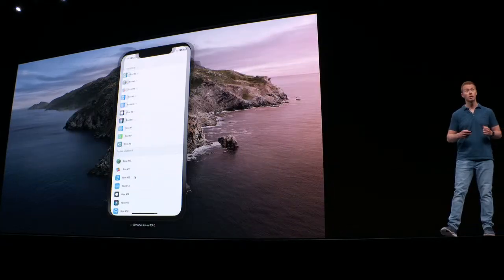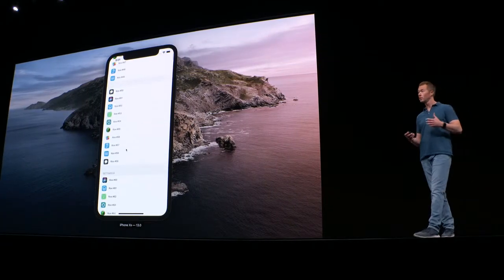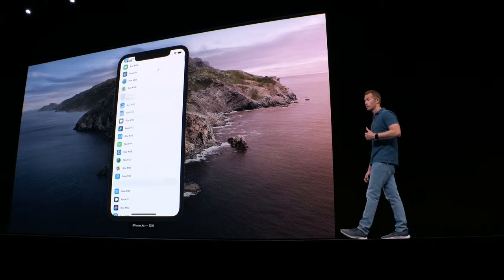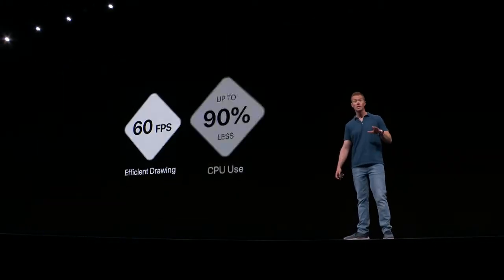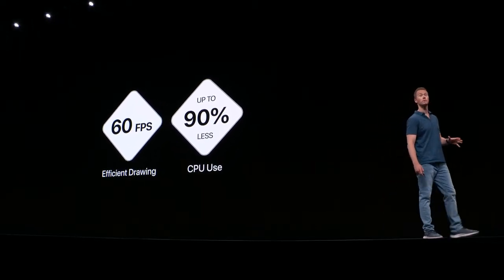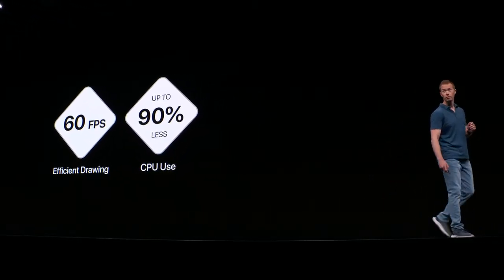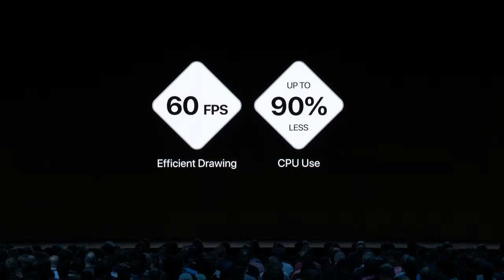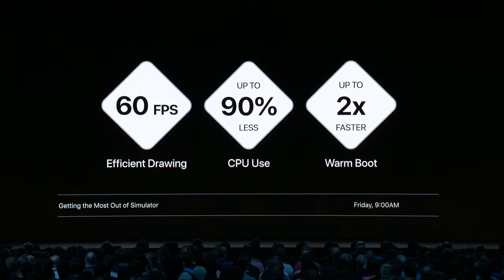And everything that's built on top of Metal, like UIKit, well, that gets a whole lot faster too. You'll see a beautiful 60 frames per second, and CPU use is reduced by up to 90%, which is really great for battery life. We didn't stop there, though. Simulator warm boots are now up to twice as fast, too. Some big improvements to the simulator.